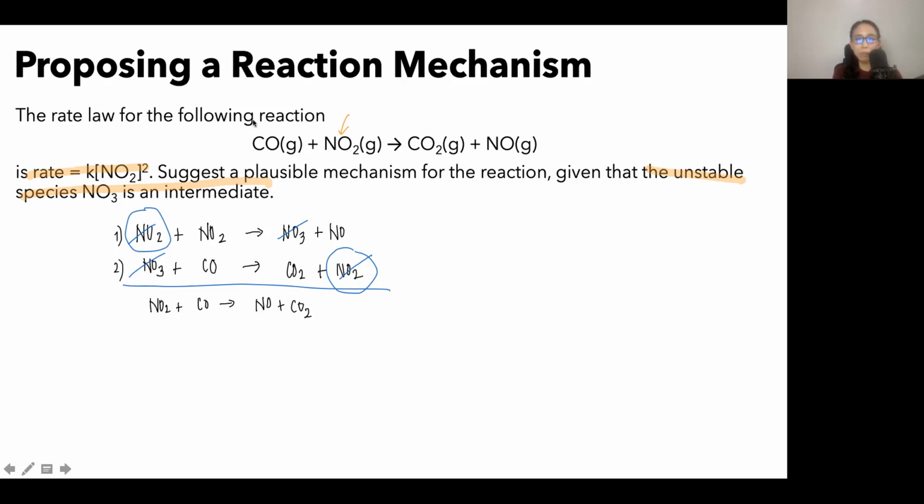So now, let's try writing the rate laws for each step first. So for step 1, we have K1 times NO2 squared.